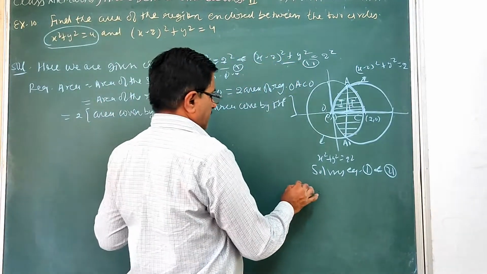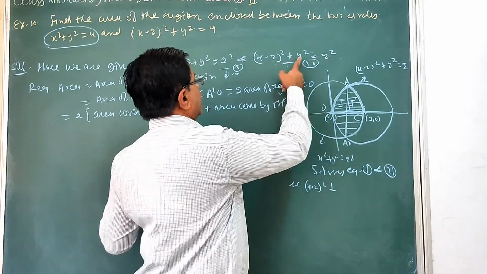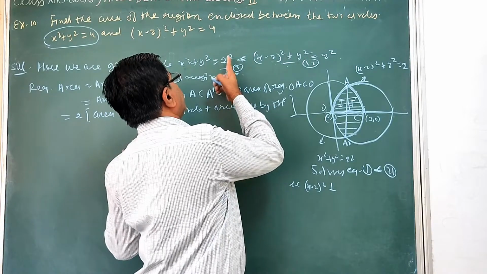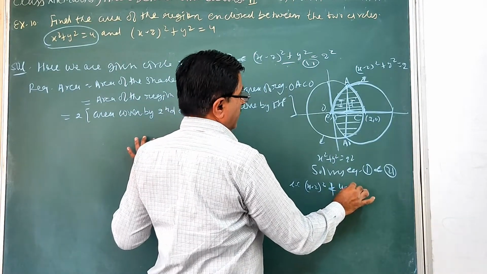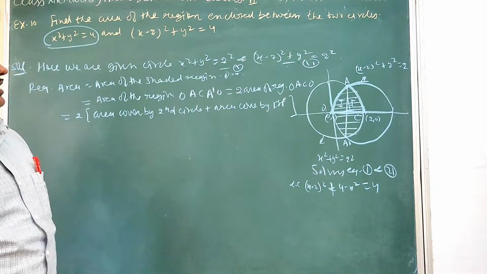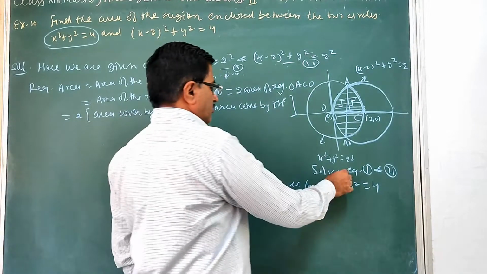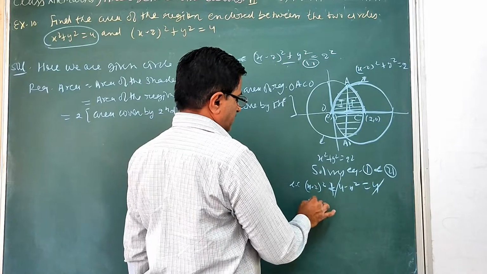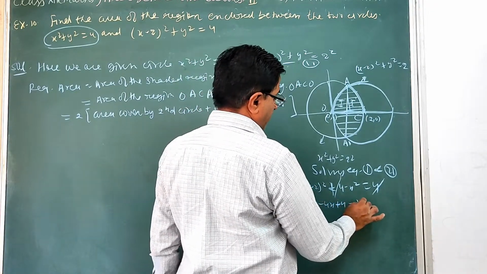That is, x minus 2 whole square plus y square; now y square can be replaced as 4 minus x square, equal to 4. Clear? 4 minus x square equal to 4. Now on both sides 4 cancels. Simplify: x square minus 4x plus 4 minus x.